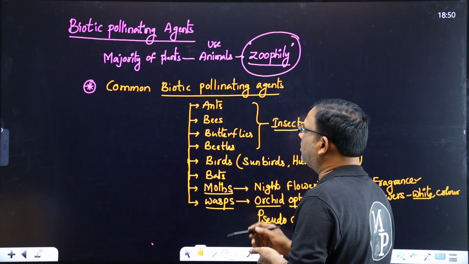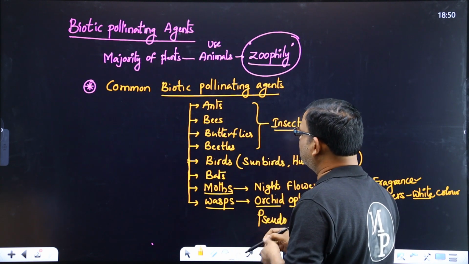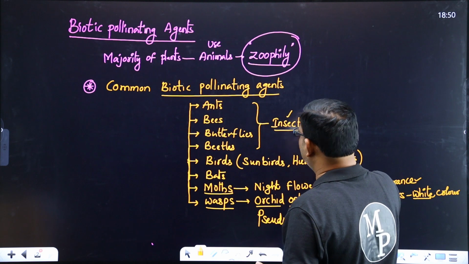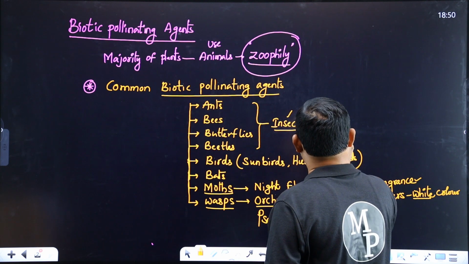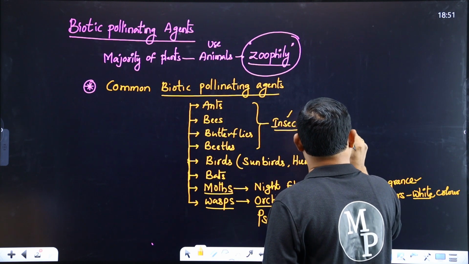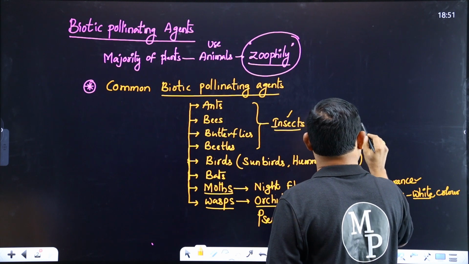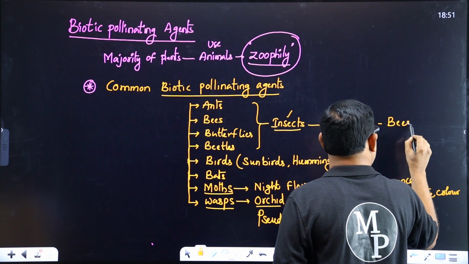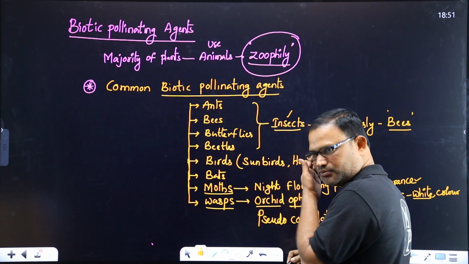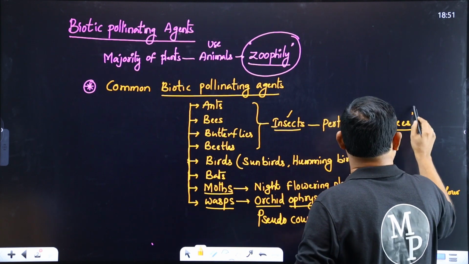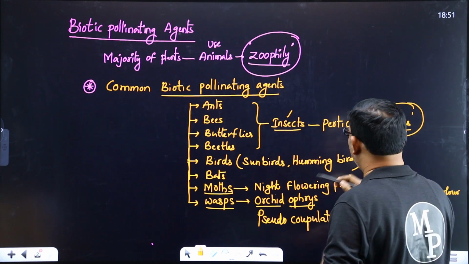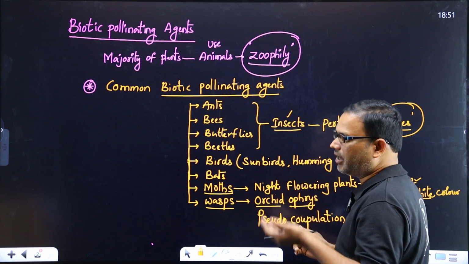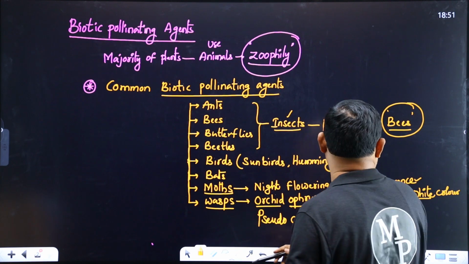In that, the most important is insects. Particularly in the insects, which one is the major? Bees. Very, very, very important. The line is there. Bees are the most important biotic pollinating agent.